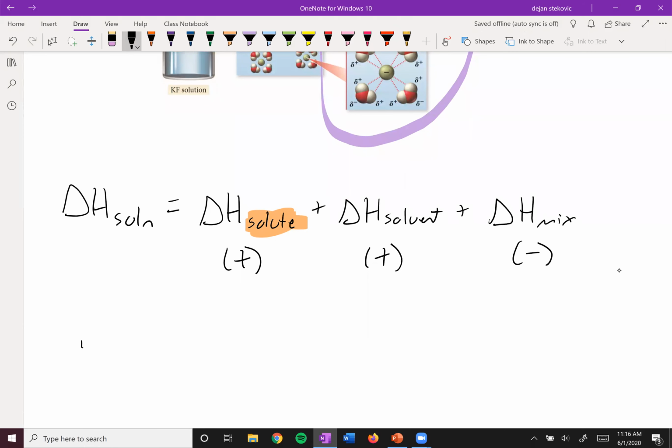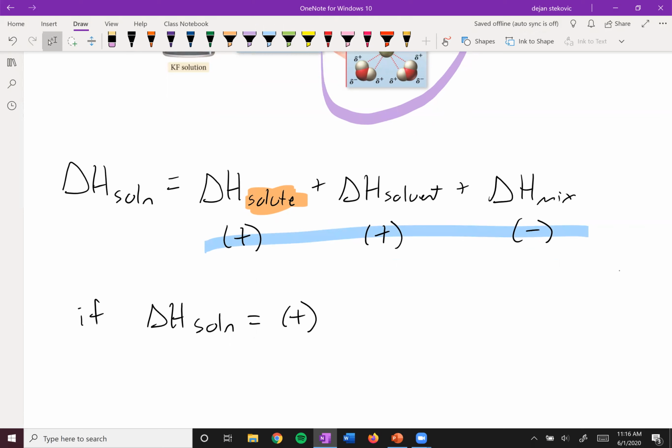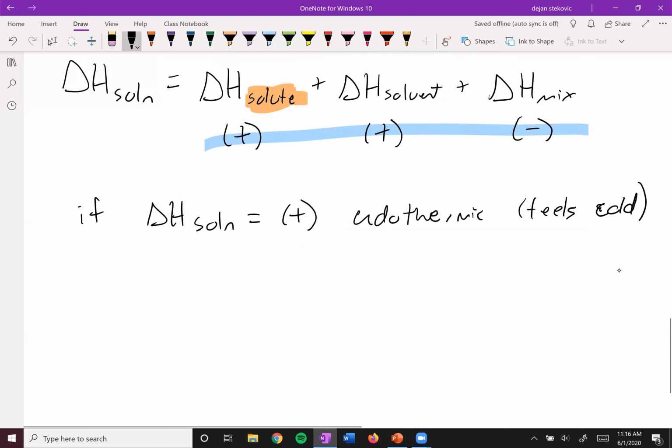And so if this delta H of solution is overall positive, right? You have three numbers. If these end up being a positive number, it's endothermic. And so it feels cold, right? It takes more energy in than you get back out.